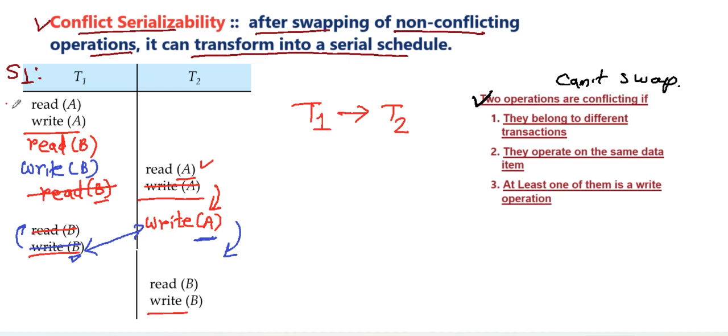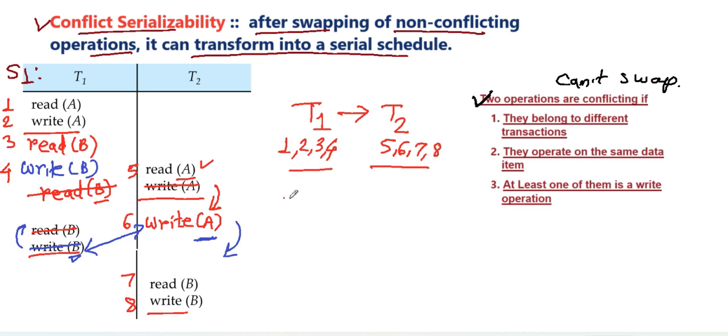Now the sequence of instructions is 1 2 3 4, then 5 6 7 8. You can see that 1 2 3 4 are all instructions of T1, and 5 6 7 8 are of T2. So this concludes that this is a serial schedule.